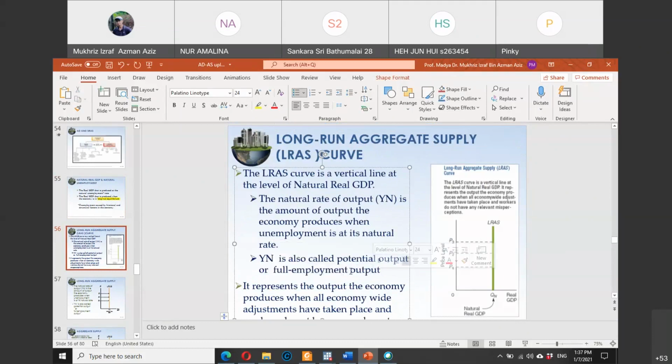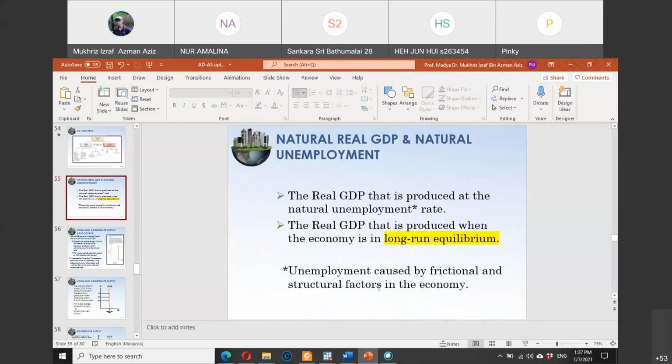Full employment means the workforce, or the labor market, is working. People have jobs. The economy is working at its full capacity, but there will always be some people out of jobs due to frictional and also structural factors, as discussed earlier in chapter 8 or 9, when we discussed the unemployment topic.